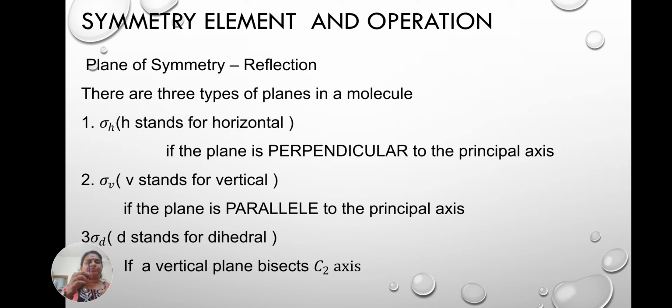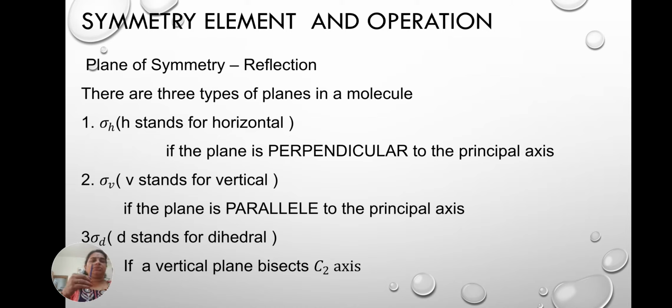Okay. If it is parallel, we call it sigma v, that is vertical. Then there is a different one, the dihedral, sigma d. Don't confuse it, that you will study in higher classes. You just remember sigma d is also there, where d stands for dihedral.